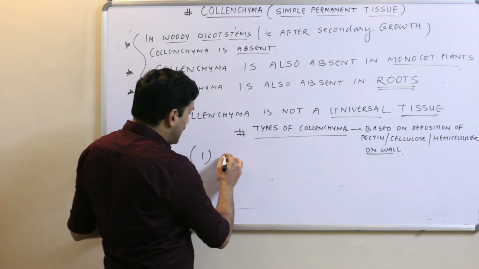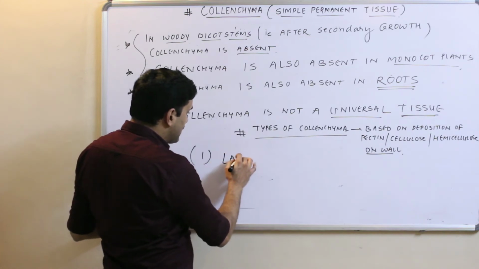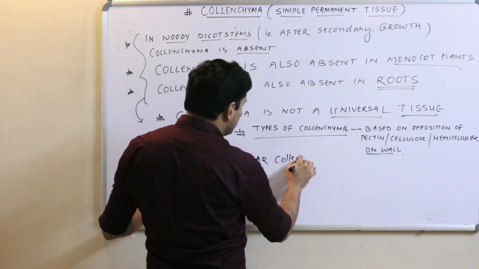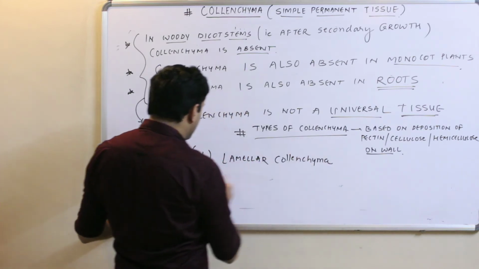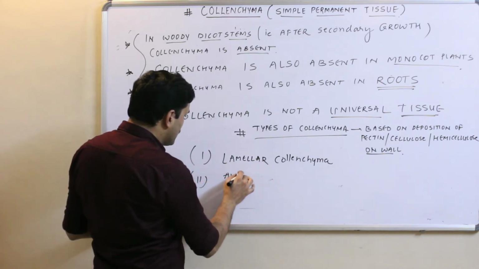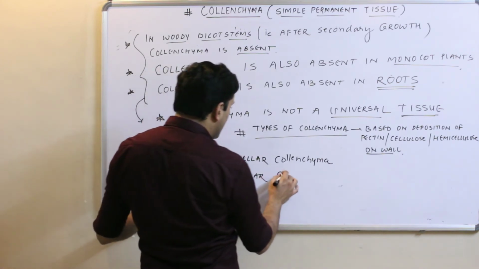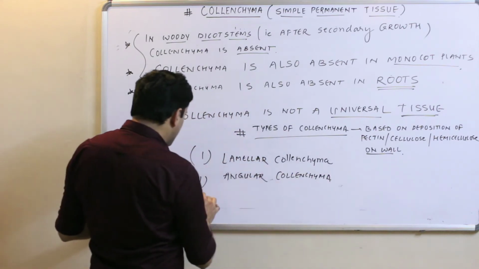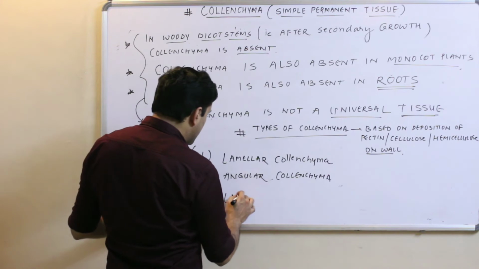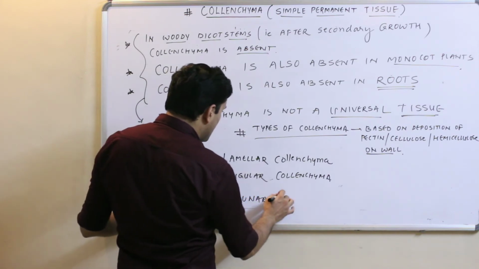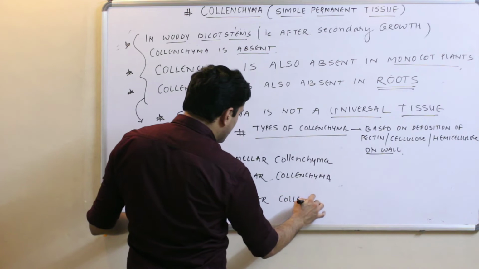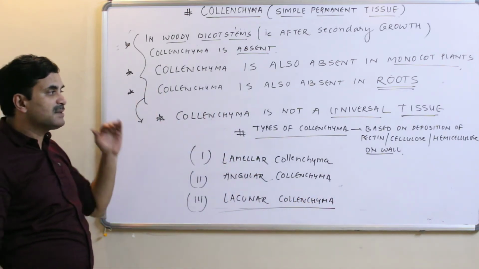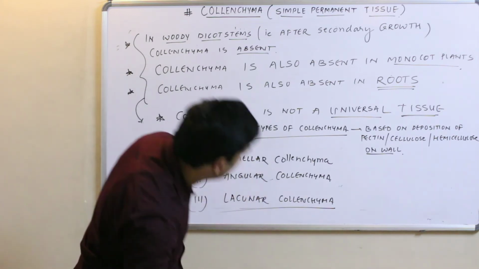So these 3 types are: number 1 is lamellar collenchyma, number 2 is angular collenchyma, and number 3 is lacunar collenchyma. Now the classification is based on the deposition of pectin, cellulose and hemicellulose on the wall.